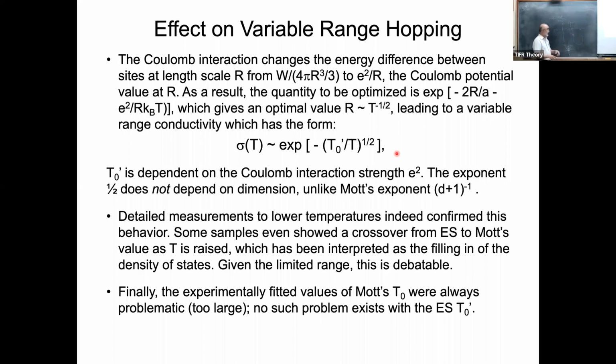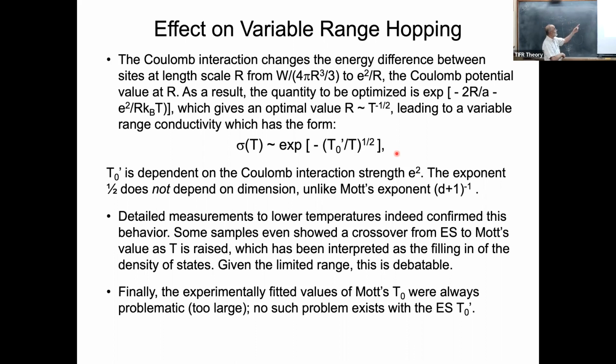But now it gets replaced by the Coulomb interaction between the 2 sites, e squared over r. So now you're optimizing e to the minus 2r over a, which is the tunneling probability squared, and e squared over r.